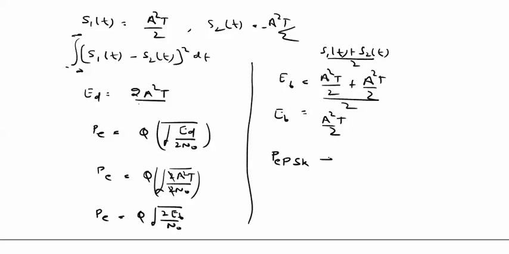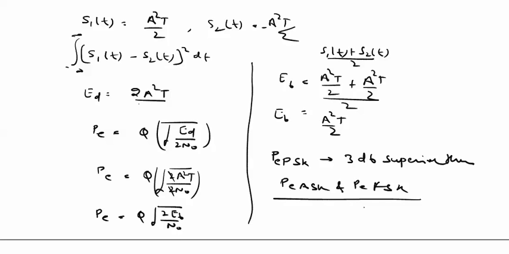Probability of error for PSK is 3 dB superior to the probability of error for ASK and for FSK, because this quantity is directly related. The energy amount is just double, so 3 dB superior.